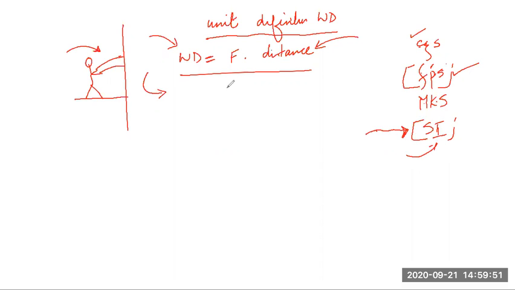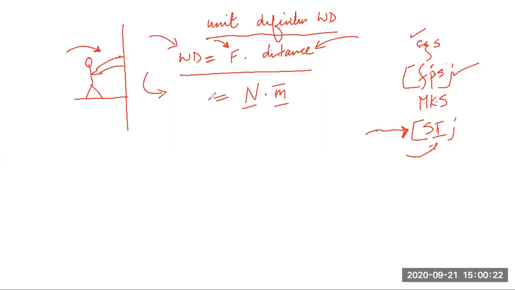So students, now we'll talk about SI units. Anybody can tell me, what is the unit of force in SI? Newton. And what is the unit of distance in SI units? Meter. Beautiful. So Newton and meter.